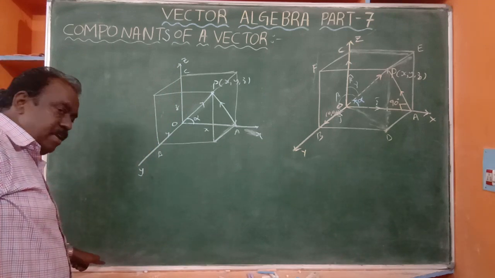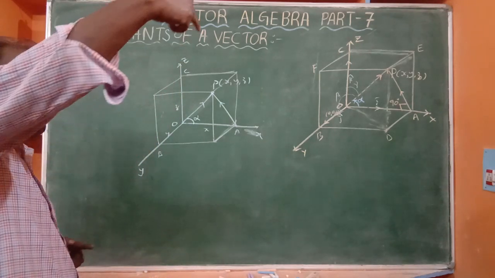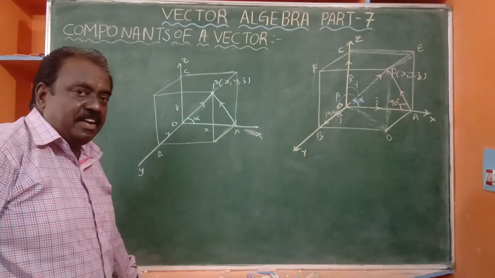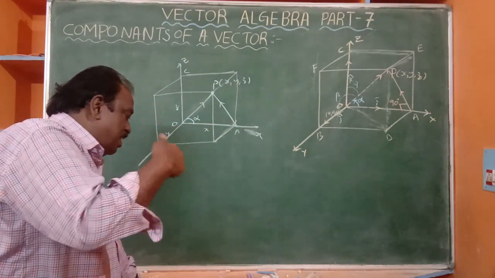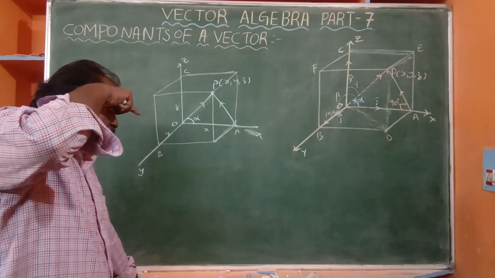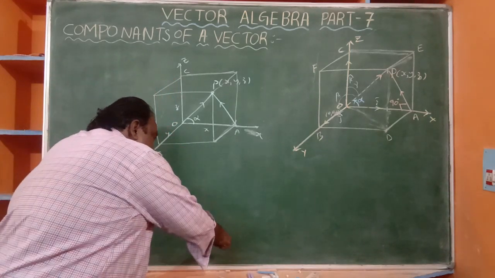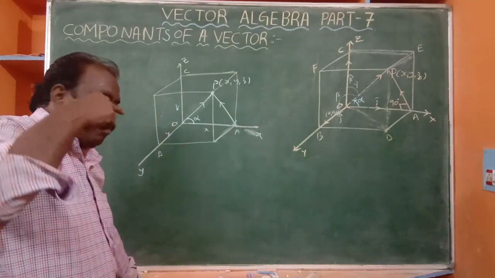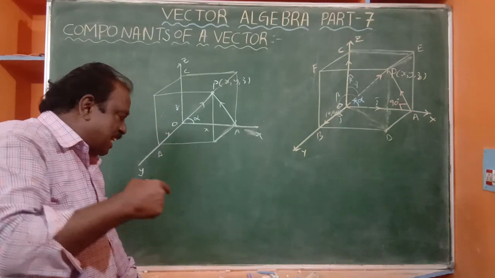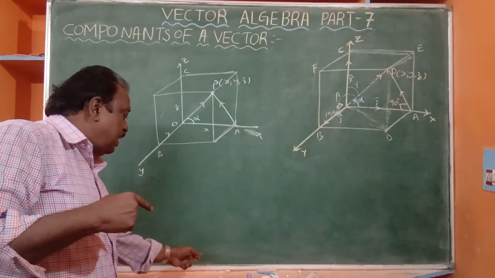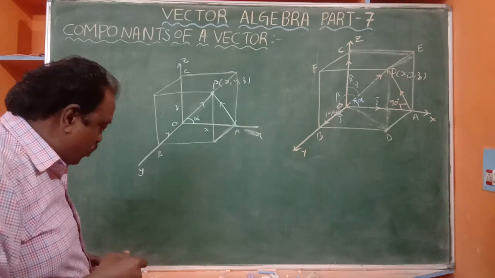That vector makes angle alpha. And from point P, if you draw a perpendicular on the x-axis, from P to A, it is certainly perpendicular. So here it makes 90 degrees.